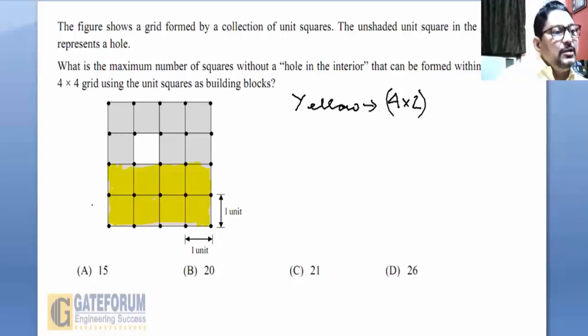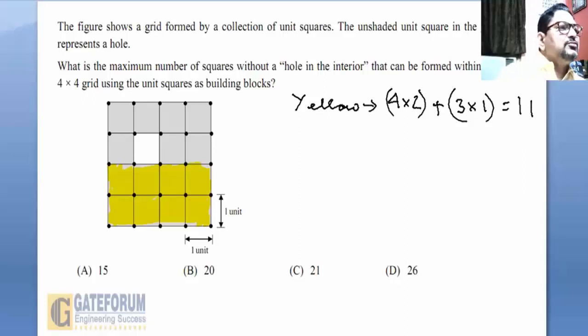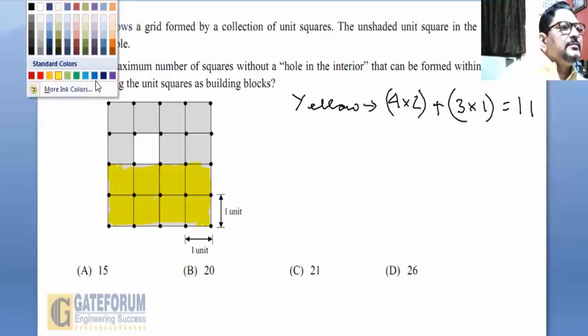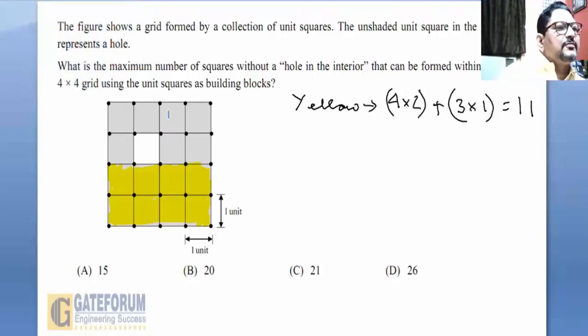So 3 into 1, right? So 3 into 1, 2 dimension squares. So the total number of squares will be 8 plus 3, that is 11. Correct?